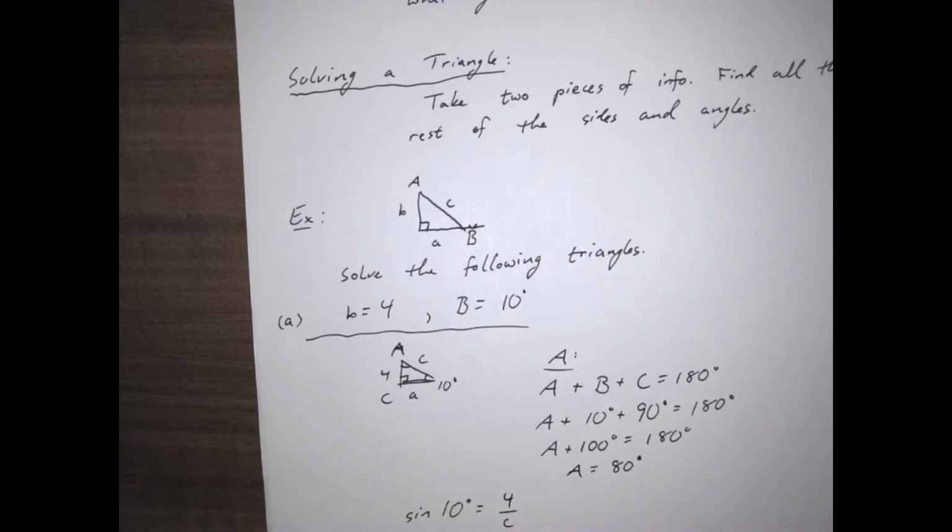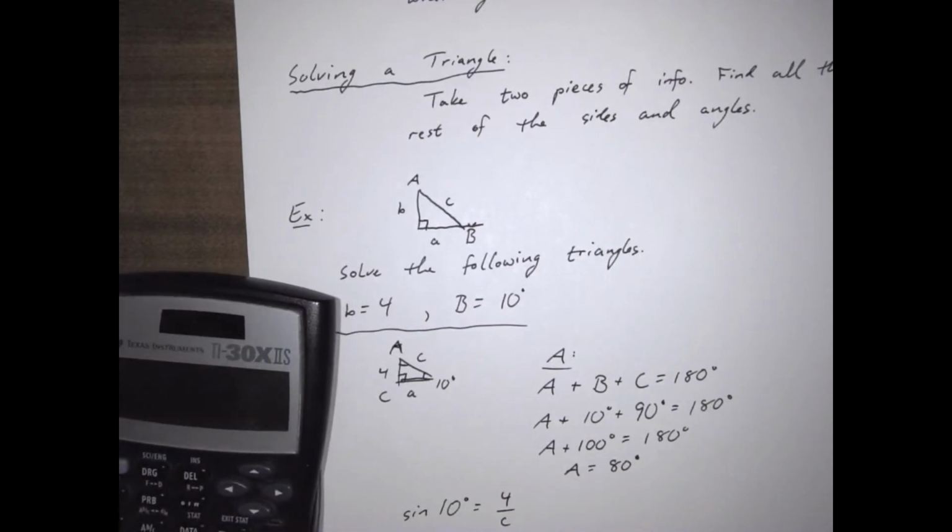Sorry, it's opposite over hypotenuse. So it's 4 over c. Then if I solve this for c, I can multiply both sides by c, divide both sides by sine of 10. And then you would just evaluate this in a calculator.